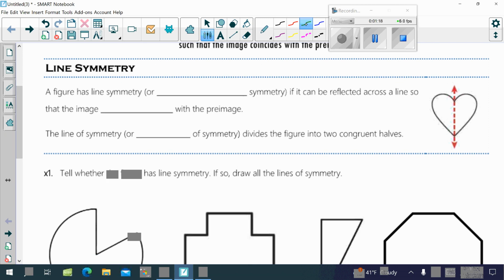Line of symmetry. So a figure has line symmetry or reflection symmetry if it can be reflected across a line so that the image coincides with the pre-image.